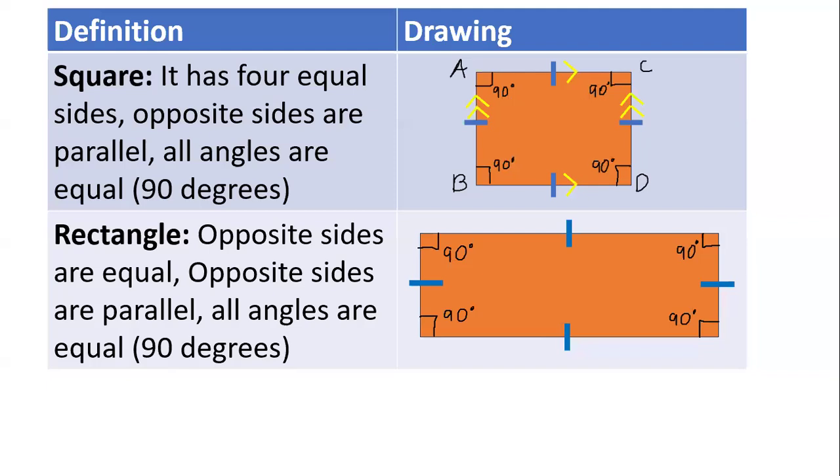Just put yes or no. I'm not on the yellow lines yet, just the blue lines. Remember, the lines represent that the sides are equal. So is there anything wrong with my blue lines?